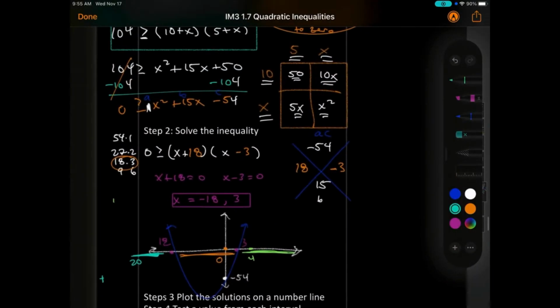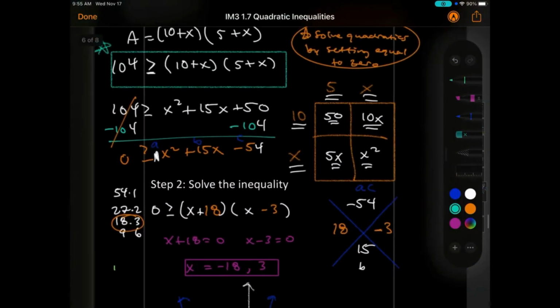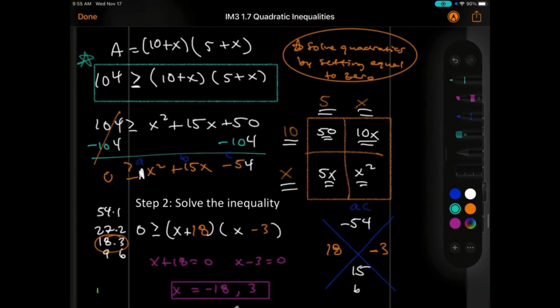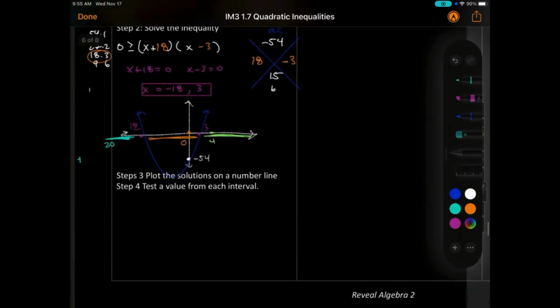So let's go ahead and test this inequality. You can use any of the inequalities. What I mean by that, you can use the star boxed one, or you can use the second starred one down here. It doesn't matter which one you choose to use. I'll use this one because I can do some magic.